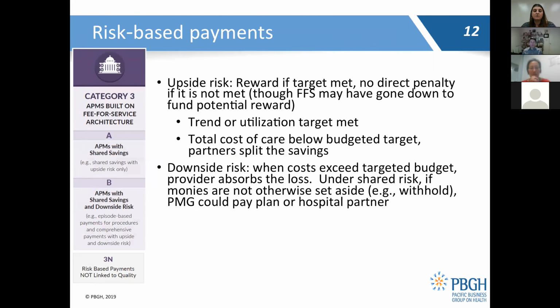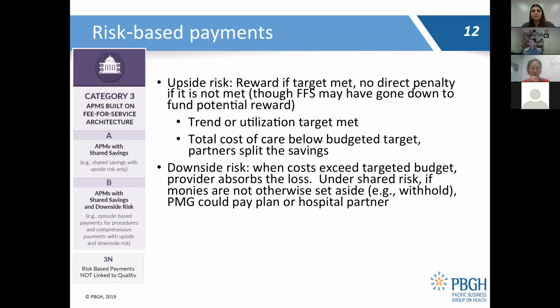With upside risk, if a target is met, there typically is no direct penalty for not meeting a target, and the savings may be shared based on that target being met.